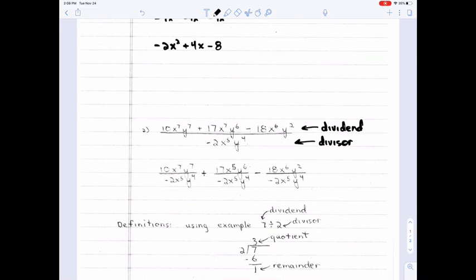On the first fraction, you'd get negative 5x squared y to the third. On the second fraction, you get negative 17 halves, and the x's cancel completely, y to the second. If you want to write that 17y to the second over 2, that's fine.